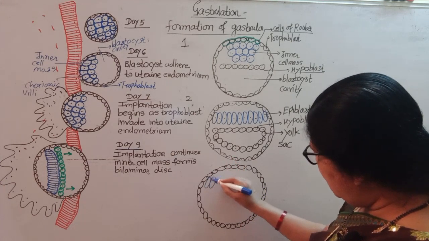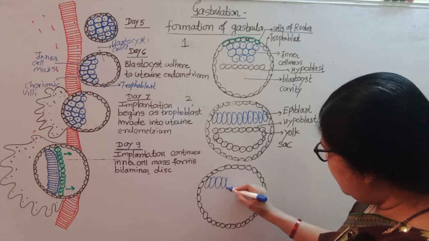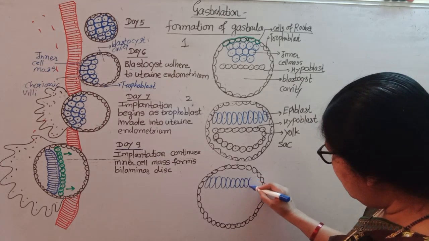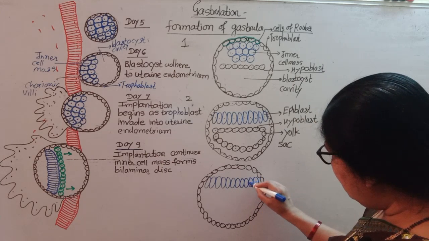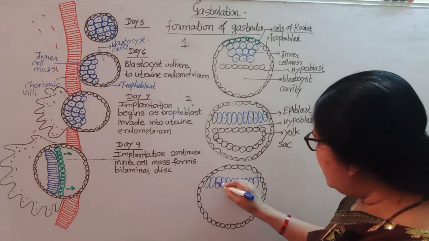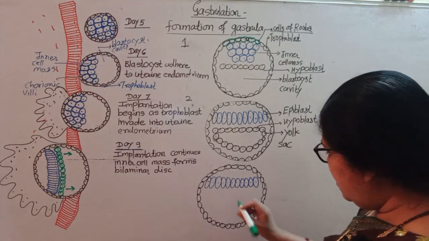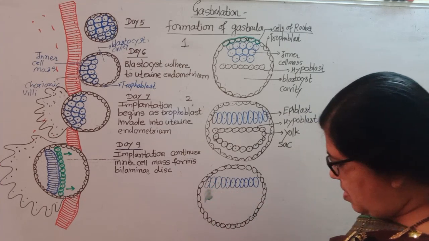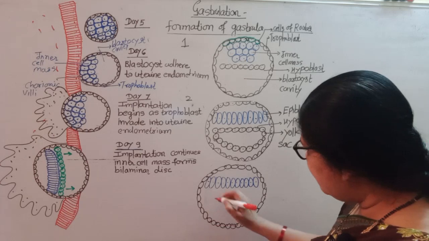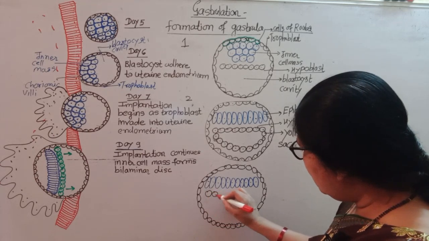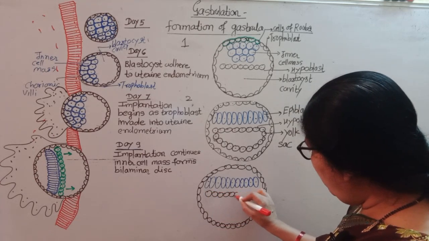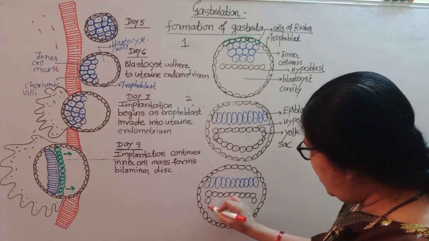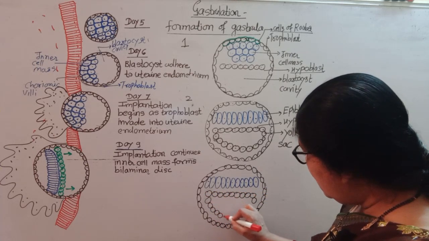These are hypoblast cells, which form a cavity inside.